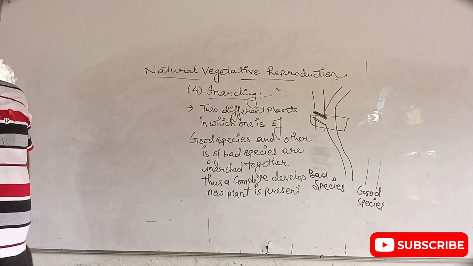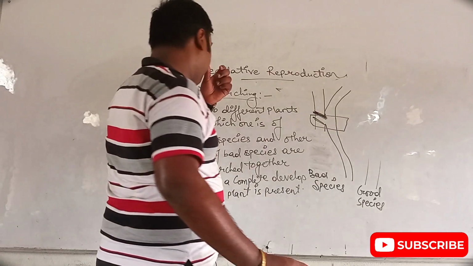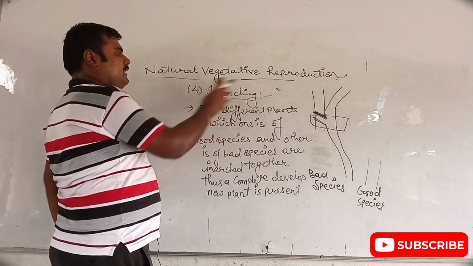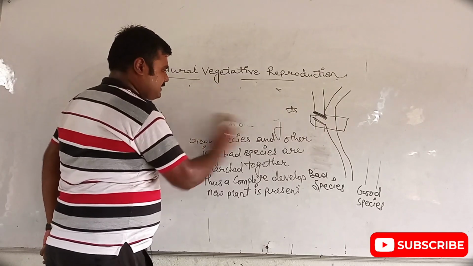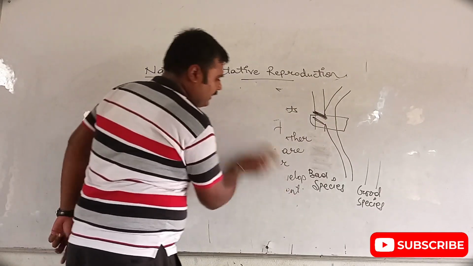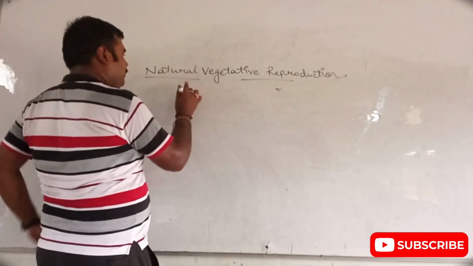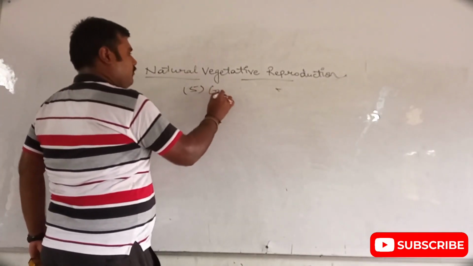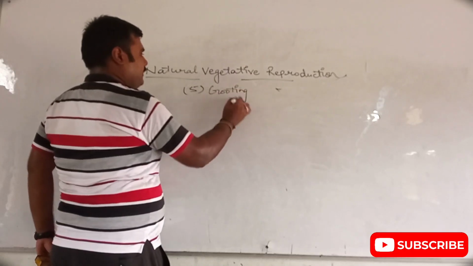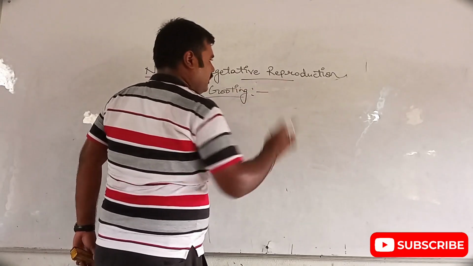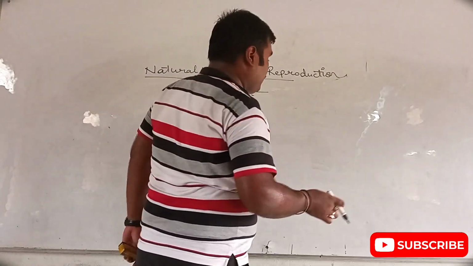Now let's talk about our last type of natural vegetative reproduction, that is gooting. Now let's see what we will do in gooting.